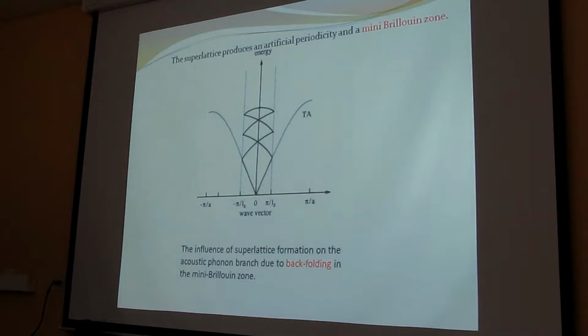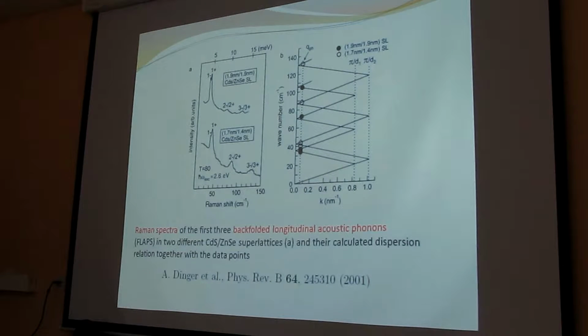This is shown here schematically: this would be the first Brillouin zone for the bulk material. Now we have a smaller Brillouin zone, and we can fold back what is outside the first Brillouin zone into it, and you see that even for the acoustic branch you get states close to k equals 0, and there you can see them in Raman or Brillouin scattering, it's up to you how you want to call it. This is an example from my group: zinc sulfide, zinc selenide superlattices.